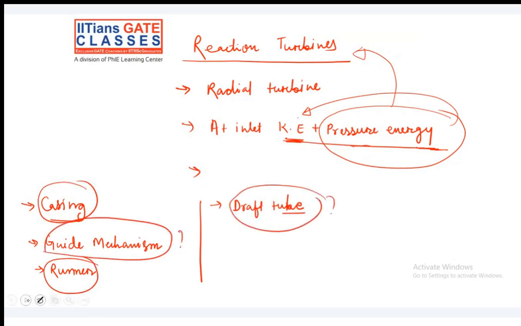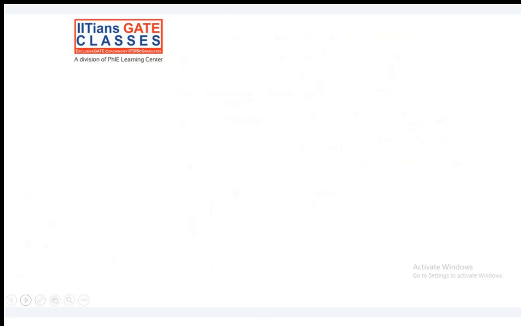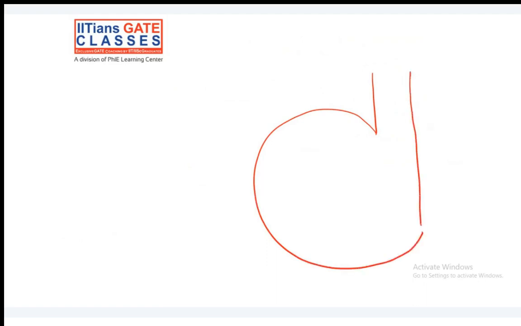See, what happens in the reaction turbines is, first thing is we have a very airtight spiral casing. There is a casing like this, not exactly like this, but with a curve, okay?